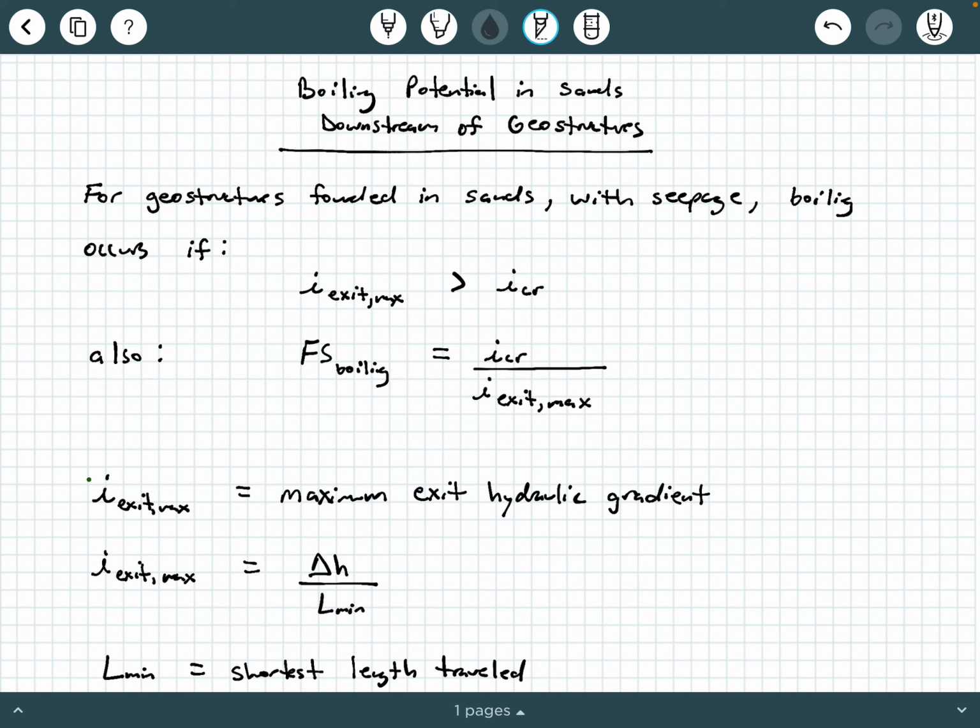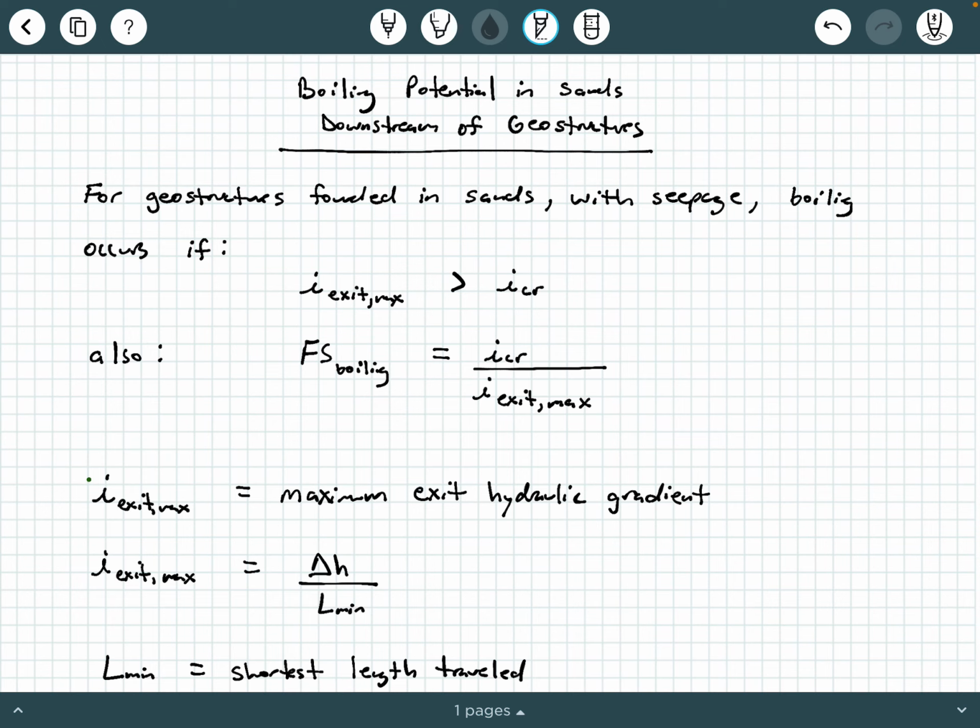Boiling is the term used for a loss of stability in sandy soils. When boiling occurs, that means your effective stress has gone to zero and you have a loss of stability. For clays and silts, the term you typically use is heave. For sands, you use the word boiling.